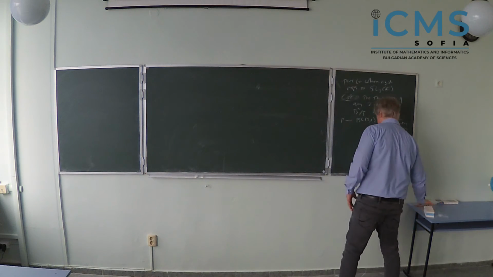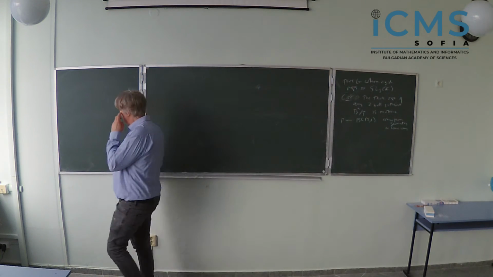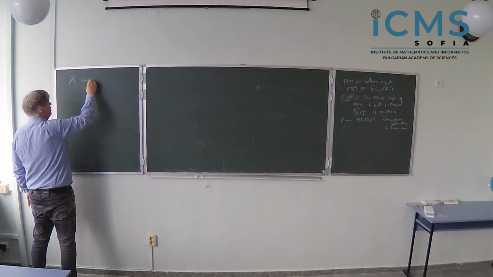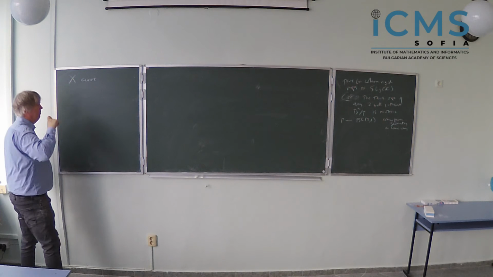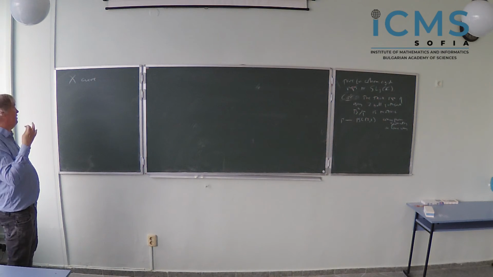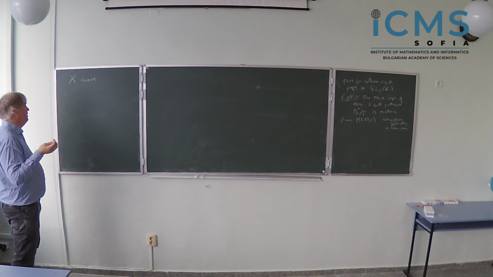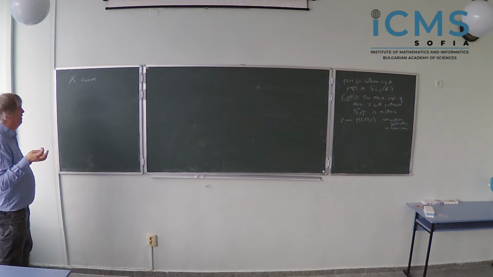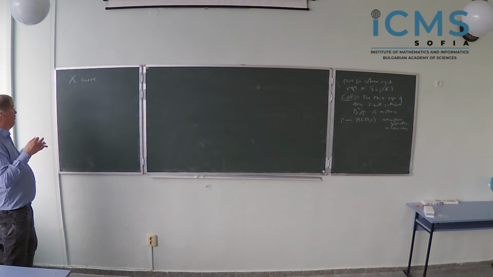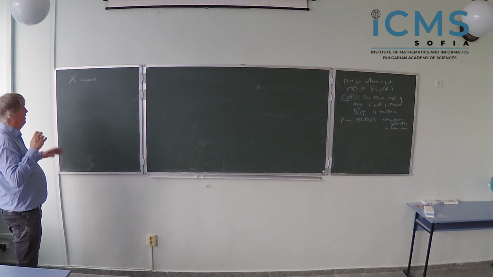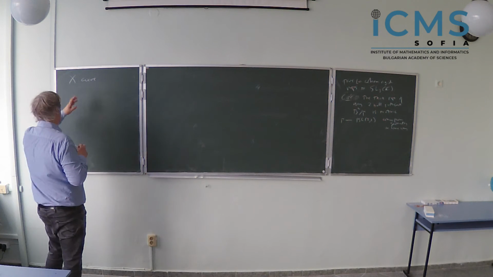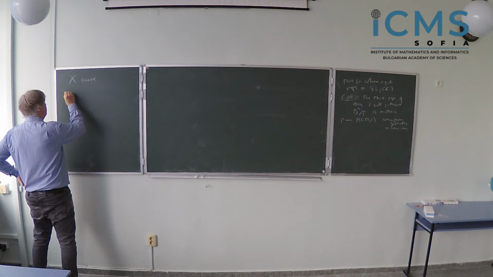For simplicity, let's suppose X is a curve now. This part of the theory doesn't say all that much in higher dimensions. There was a paper by Ngo and somebody else recently, but it doesn't really work all that well there. This part of the theory mostly works better in the case of a curve.